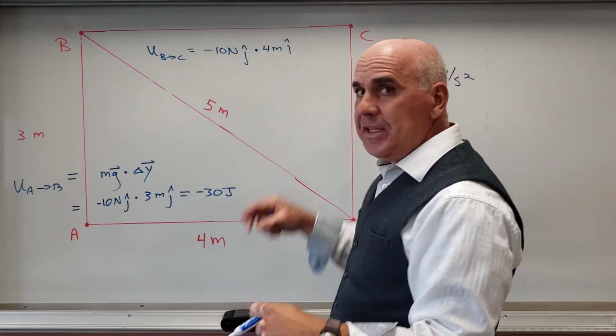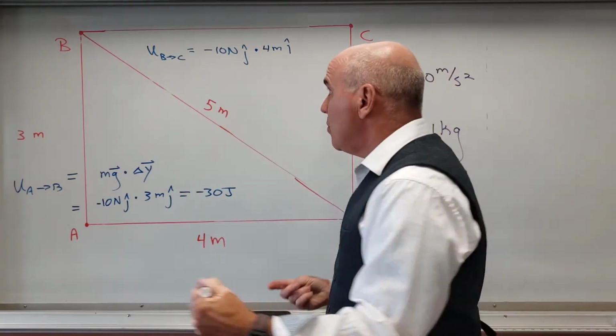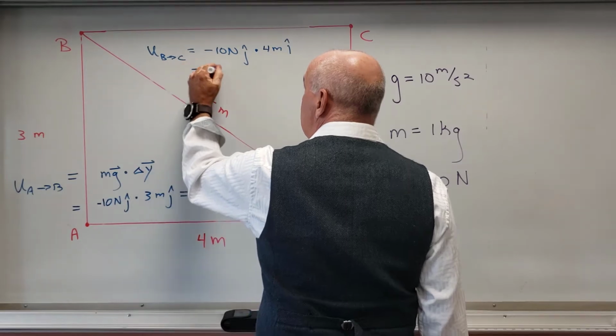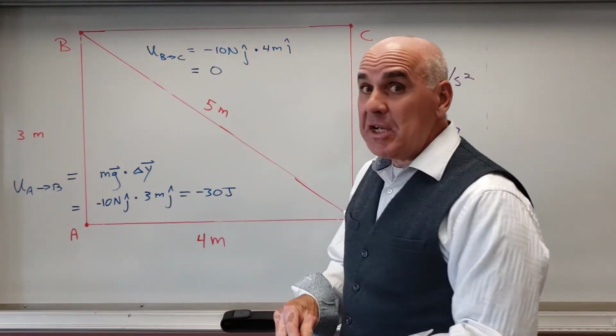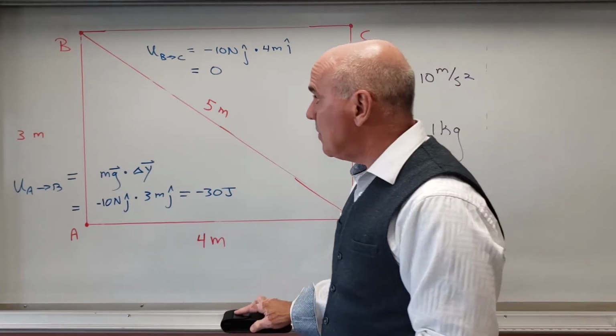So j dot i is 0 because they're at 90 degrees. So the work done by gravity going from B to C is equal to 0.